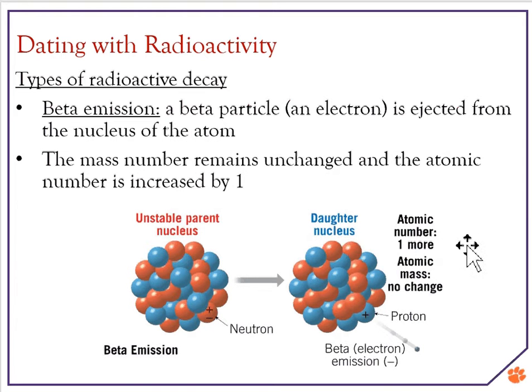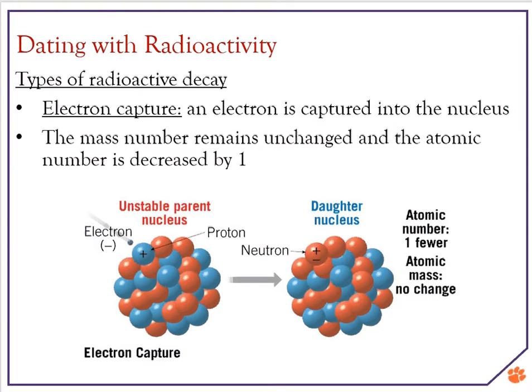In this case, the atomic number is going to increase by 1 because a neutron is going to turn into a proton by losing its negative charge, and now it's going to stay as a positive charge proton. But the atomic mass is not going to change because we still have one proton instead of one neutron. We actually switch to a proton.